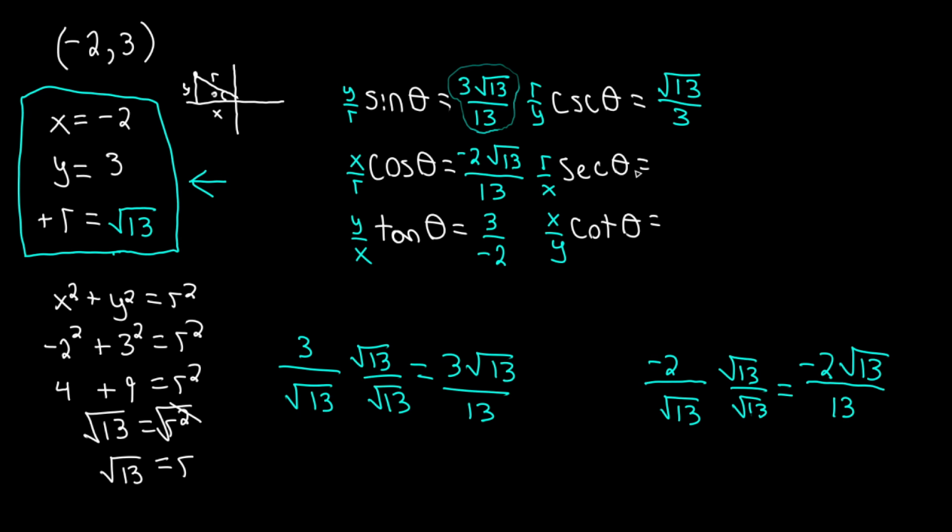Much easier. Same thing for secant. What is our r? Square root of 13 over our x, which is negative 2. And then for x over y, I would just look over here at tangent and say, all right, let's just do the opposite, negative 2 over 3, negative 2/3.